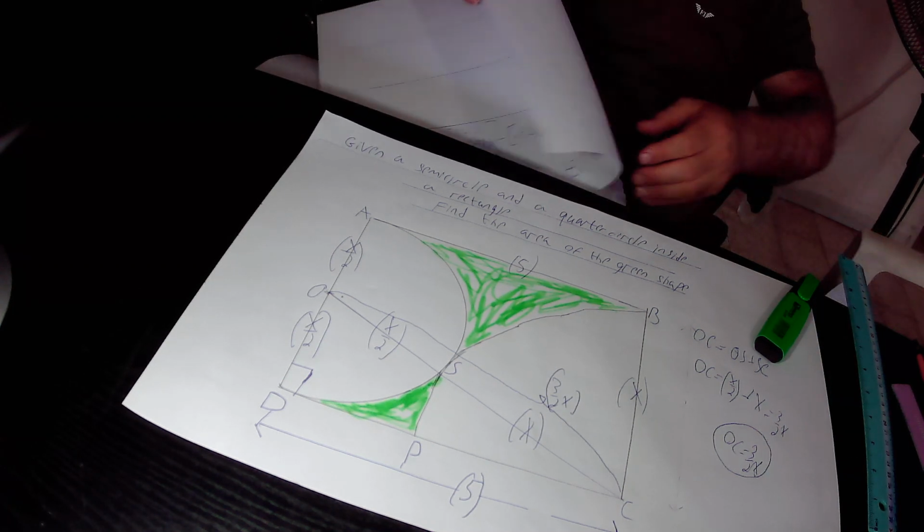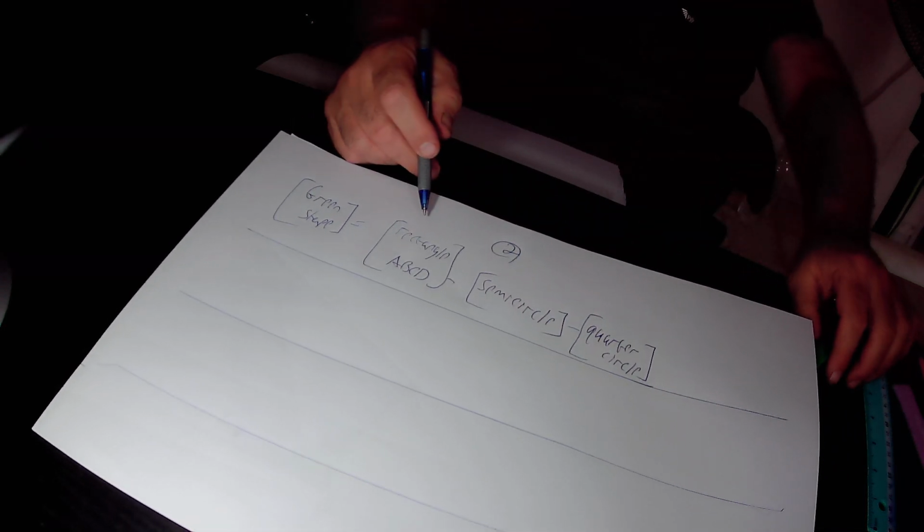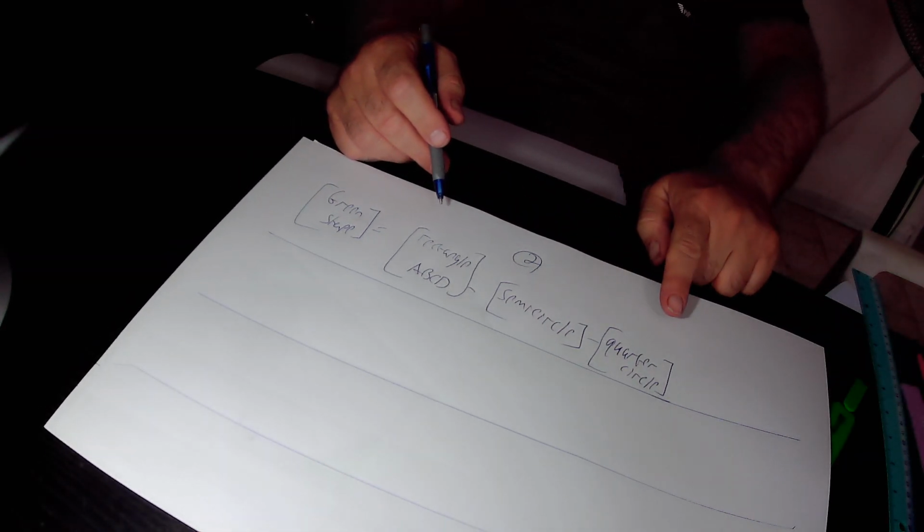Because again, I found out that the area of the green shape in total equals the area of rectangle ABCD minus the area of the semicircle minus the area of the quarter circle.